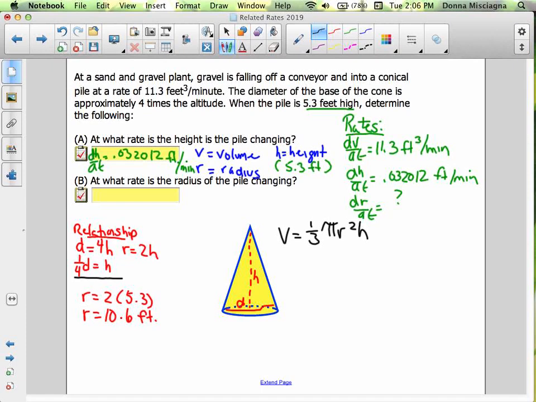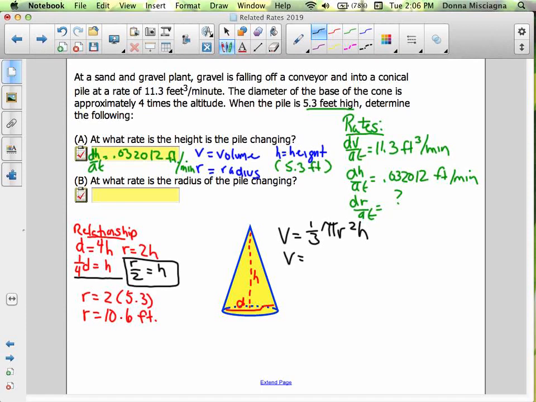So if the radius is 2 heights, then divide both sides by 2, and the radius divided by 2 will be the height. So this is the one we'll use, because we're not going to work with diameter in that equation anyway. We're going to replace the h with r over 2, and then we don't have to worry about using that crummy dh dt value.